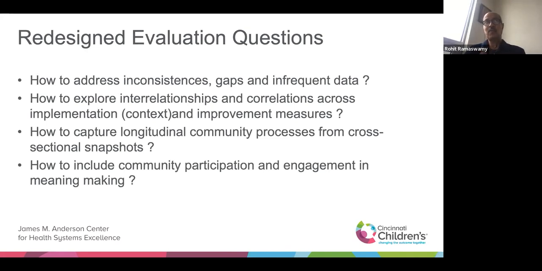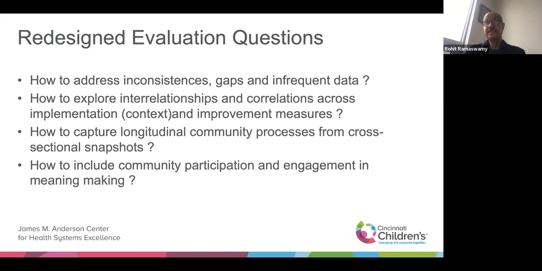We changed our evaluation to ask, how do we address these inconsistencies, gaps, and infrequent data? How do we begin to understand the context of each of these communities in a lot more detail, so that we're not just thinking about, okay, let's do some correlation analysis and try and figure out what we're getting.